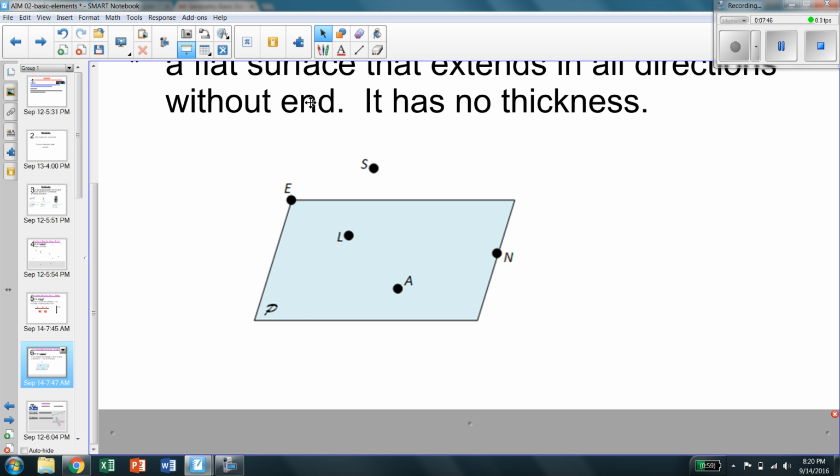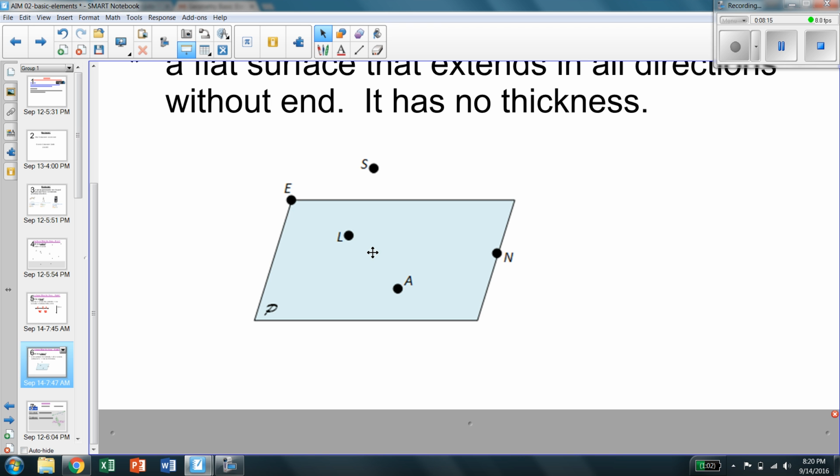So with naming planes, we again have some options. We can do the one-letter thing, like the line, except when we do it with a plane, we use an uppercase letter. We can't name it with just 2 points like we could on the line, because then we have a situation where we can have other planes coming through the screen through those 2 points.